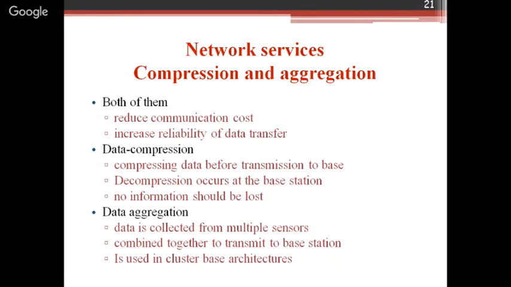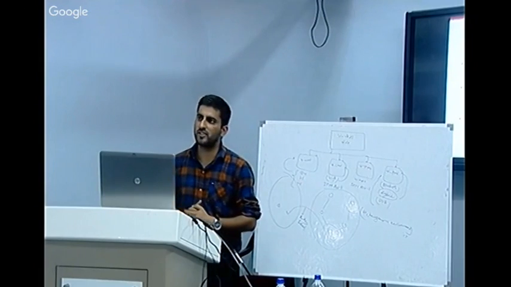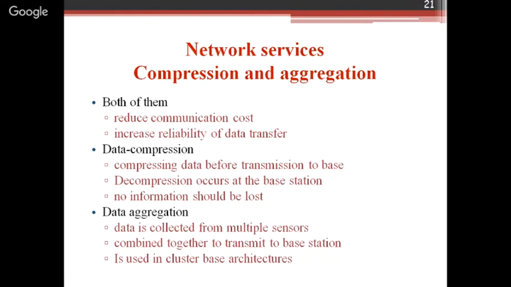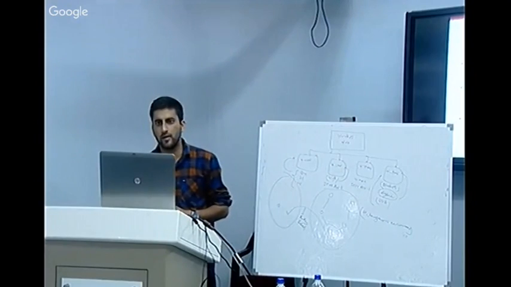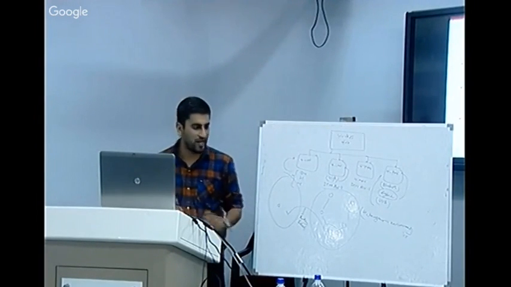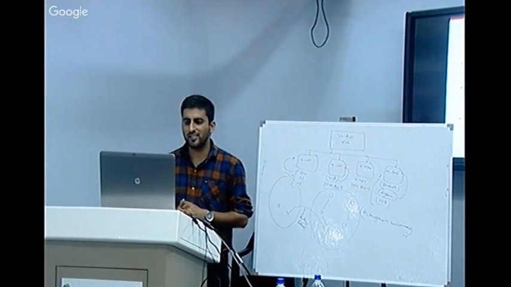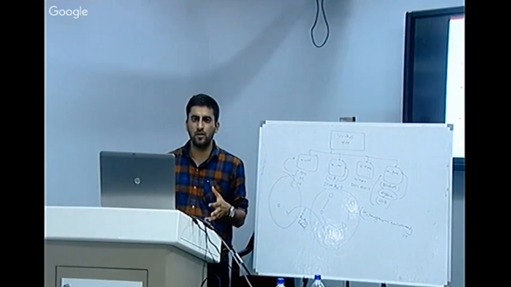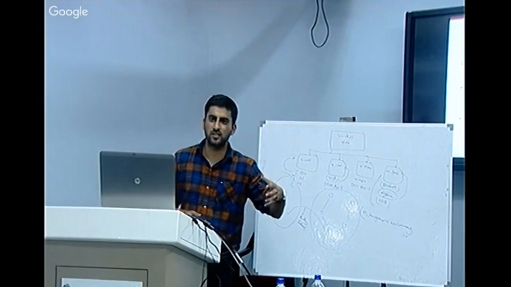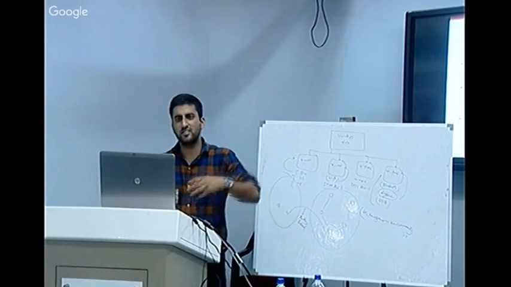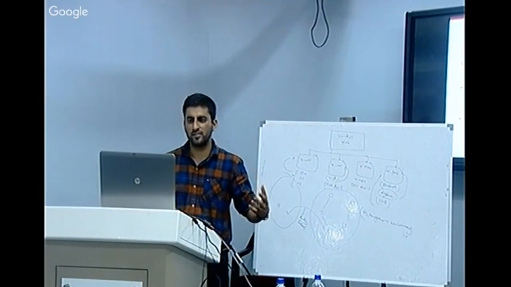And data aggregation, I have already given you an example: data is collected through multiple sensors and combined. Then, in the cluster-based architecture, it is transmitted to the next cluster, and finally to the base station.